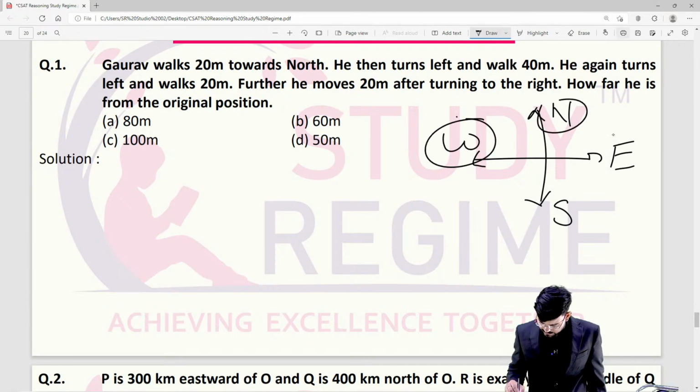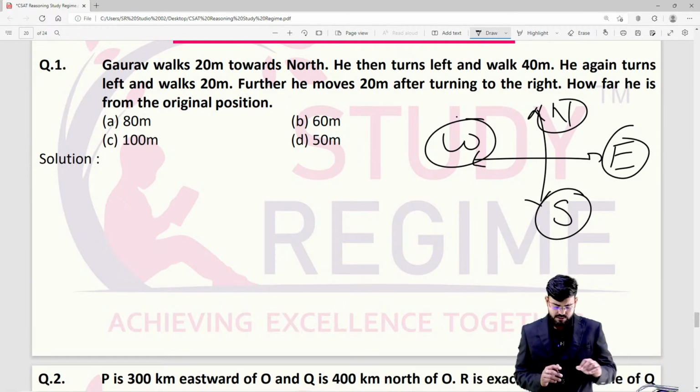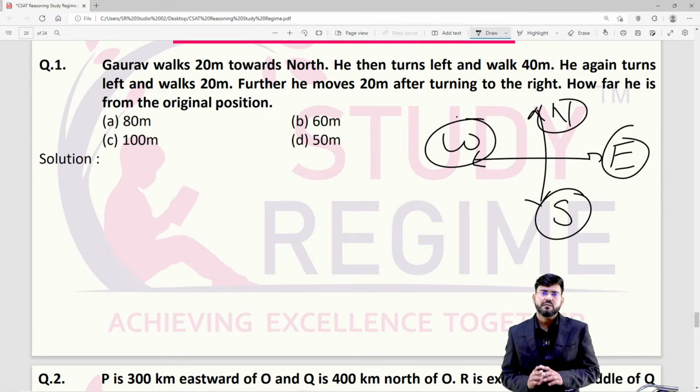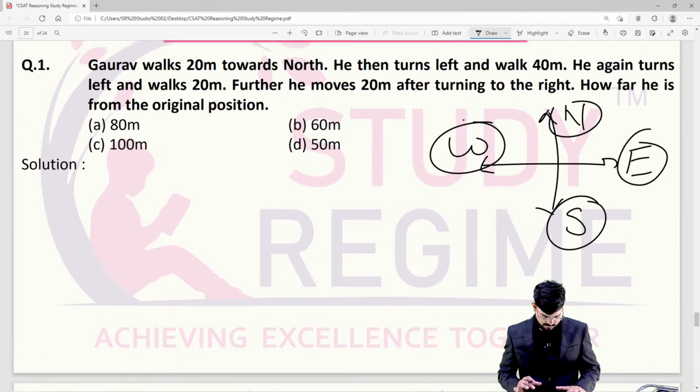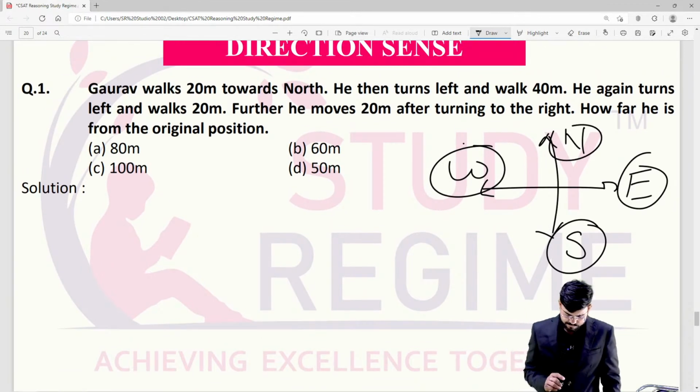This is the easiest question which you will get in any examination. For CSAT you will get very easy questions regarding this. Just follow the instruction of what the question is saying. You don't have to do anything else.